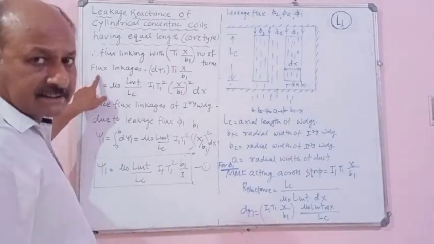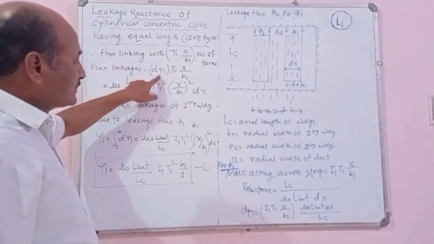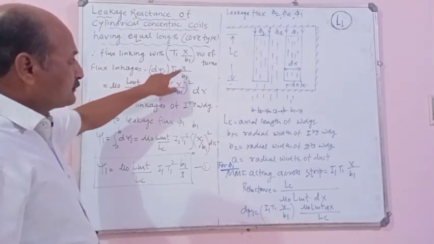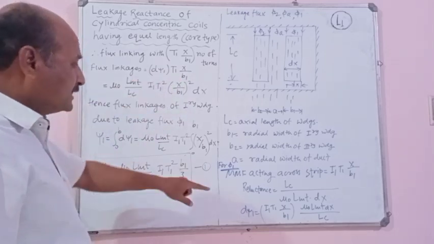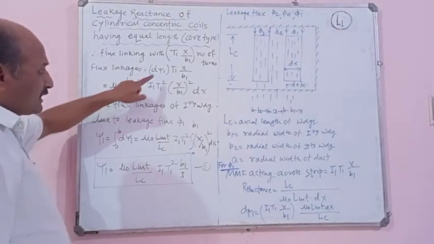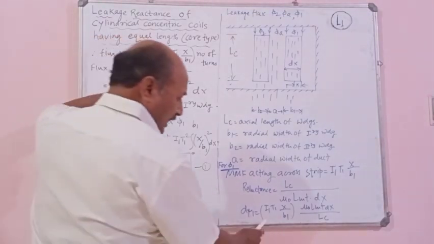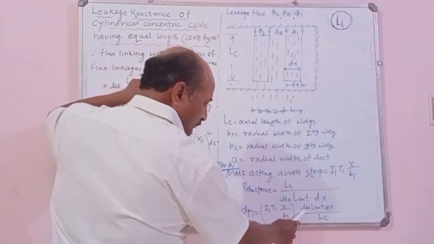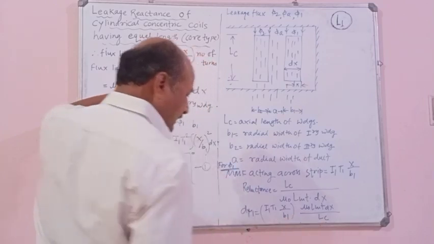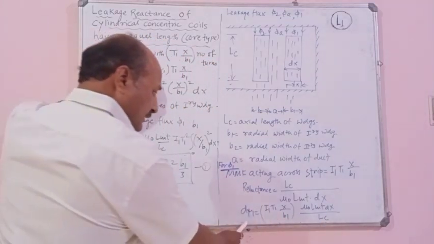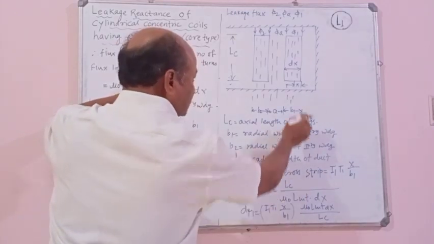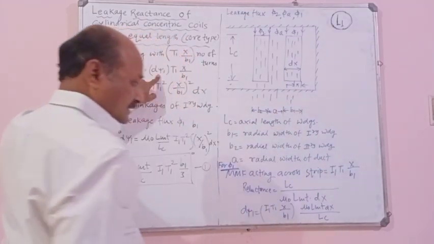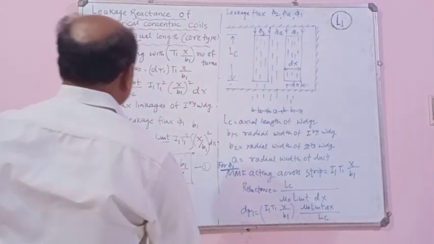So flux linkage is given by d psi 1 equals T1 X by B1 times d phi 1, where d phi 1 is nothing but the change in flux. So how do you calculate d phi 1? d phi 1 equals MMF across the strip divided by reluctance.